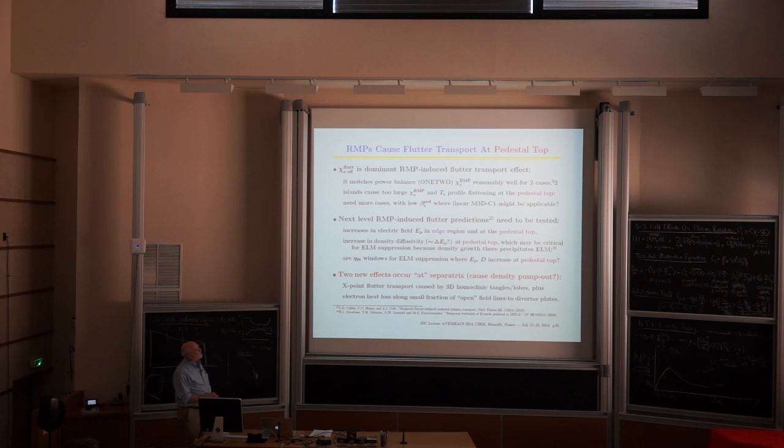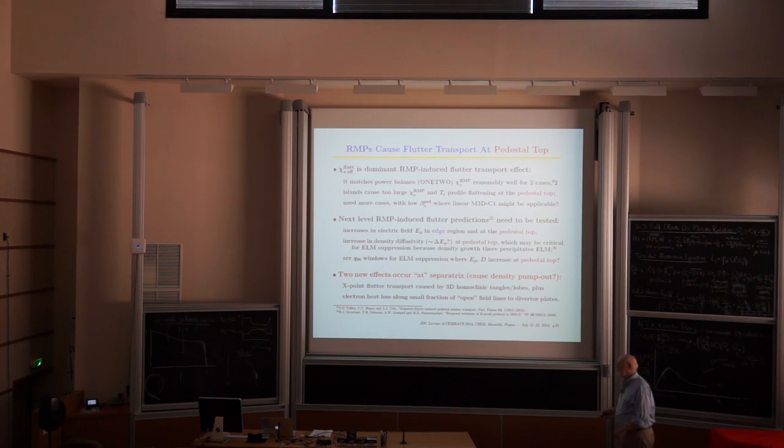So two new effects occur at the separatrix that could cause this density pump out. First is that, and I'll show you some pictures of homoclinic tangles, lobes, these 3D homoclinic tangles, or lobes, actually cause an additional transport in the region down near the X point of that divertor.